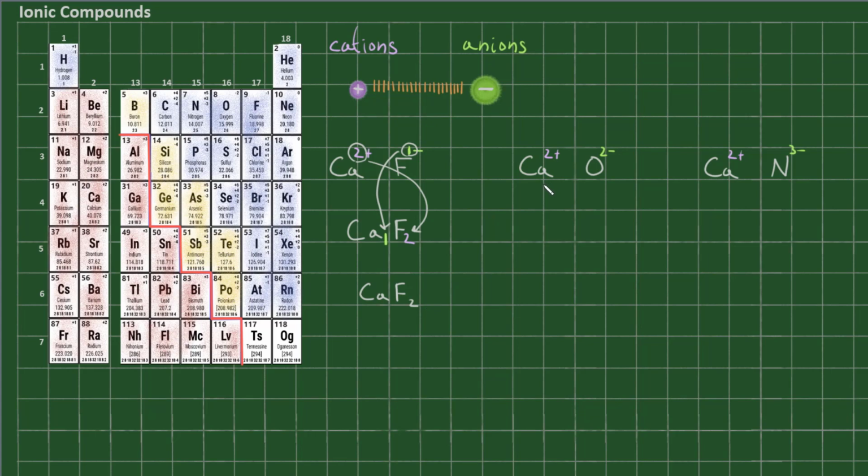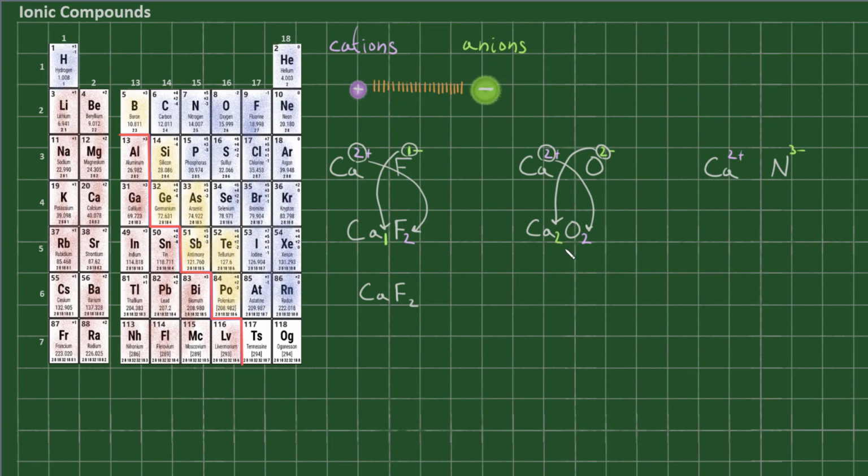Let's look at the second scenario. Now I am combining a calcium cation with an oxygen anion. As before, I start by writing the cation first, calcium in this case, and then the anion. And now I can use the crossover method again. The charge of the cation will end up after the oxygen, and the charge of the anion will end up after the calcium.